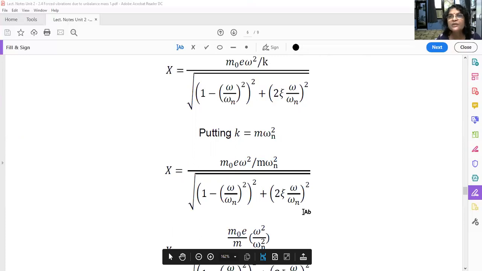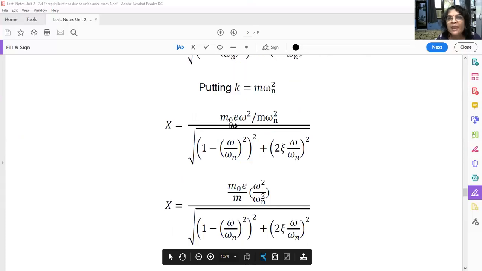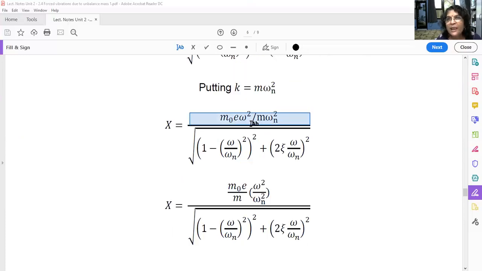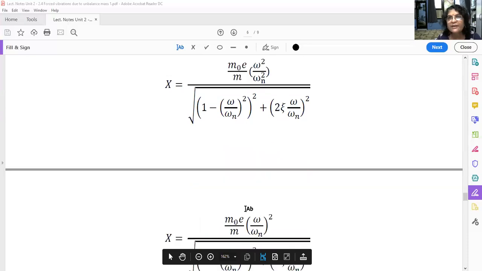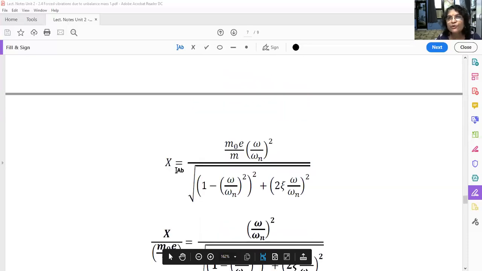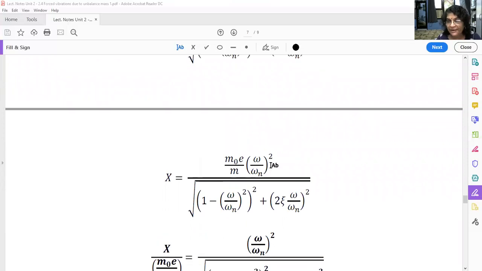Okay. Now this we can write like this, m0 into e upon m. This you write down separately, and omega square upon omega n square write separately. So this we will write down like this, m0 e upon m into (omega upon omega n) bracket square upon the whole square root. So this can be written as capital X is equal to m0 e upon m into (omega upon omega n) bracket square. Okay.